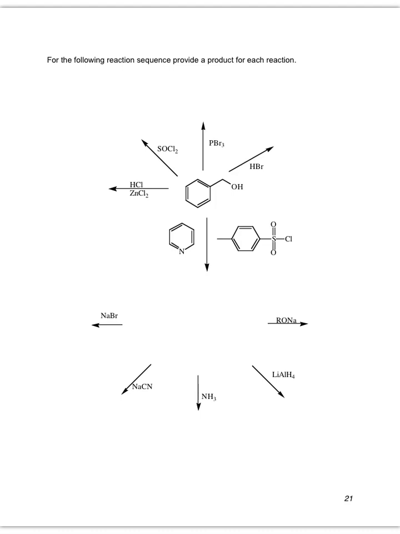So here we have multiple reactions. We've talked about them, but what do we form in all of these? On the top part, we have the benzyl alcohol reacting with these different things that all form an alkyl halide, whether it be the chloride or the bromide. Now we've drawn the mechanism for these.